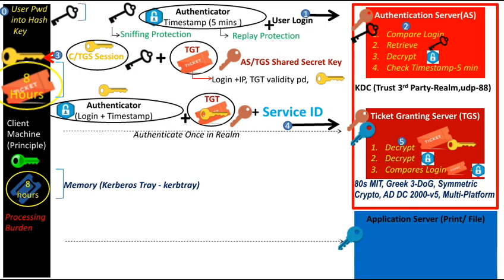If both logins match, it means that the client is the legitimate one, and moreover that this TGT has been sent by the authentication server to the client, and the client has just replayed it. So it performs a kind of authentication for the client. The client is the legitimate one.